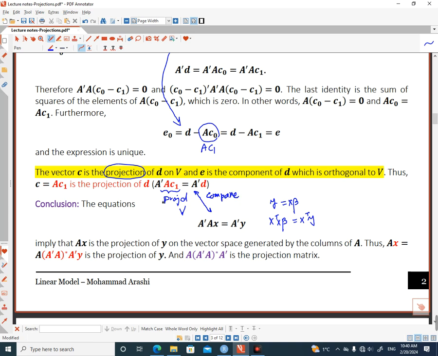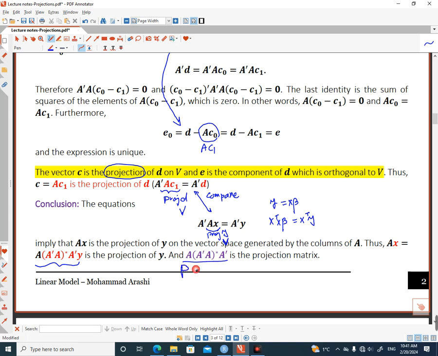If you compare these two, we can say this part is the projection of the remaining, D, so it is a projection of Y onto the vector space, which I show by V, the vector space generated by the columns of A. Therefore, I can say AX, once again coming back to that, AX now is equal to A times the generalized inverse, is the projection of Y. And therefore, if I have such an expression, it is common to say that this is a projection matrix.